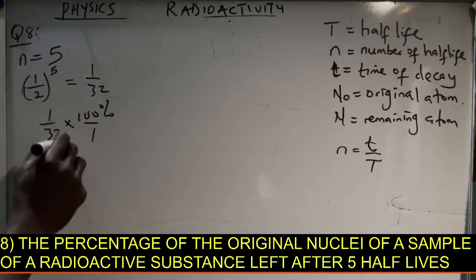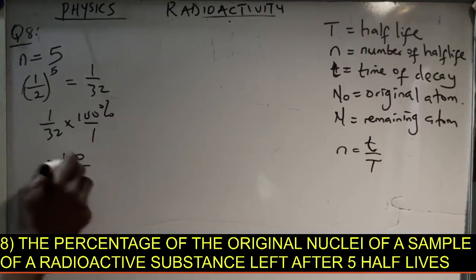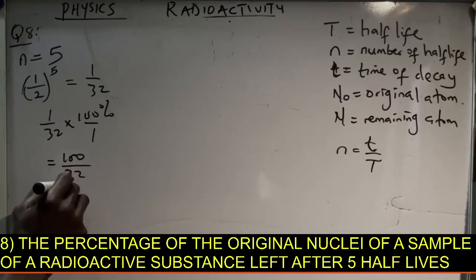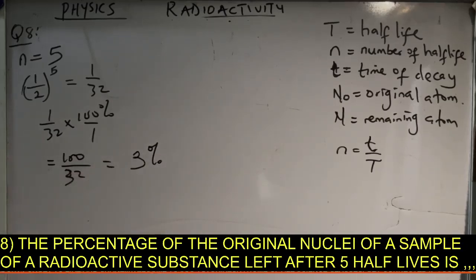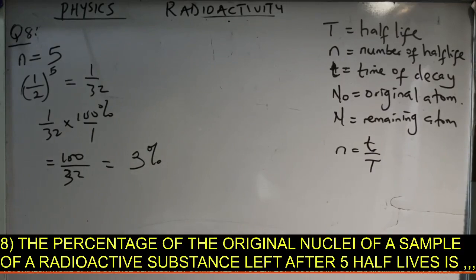Once you do that, 1 times 100 is 100, 32 times 1 is 32. You're going to have approximately 3%. That's the percentage of the original nuclei of the sample that is left. I believe you are following the question.